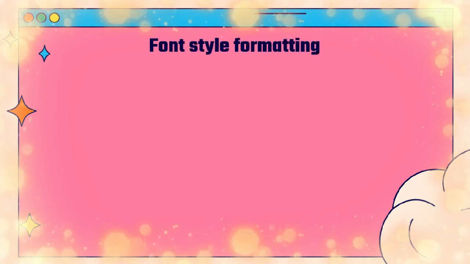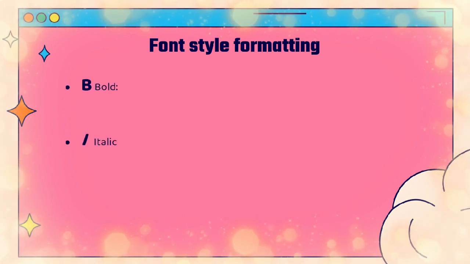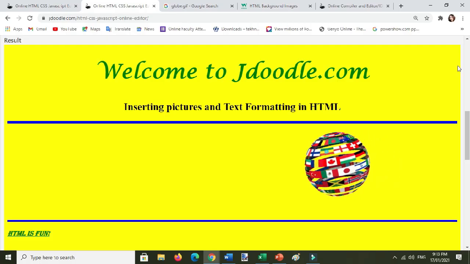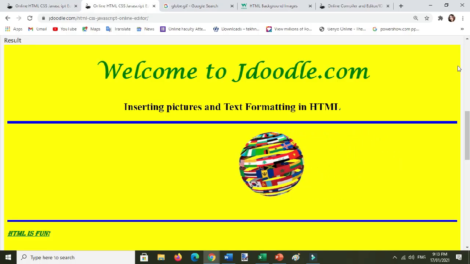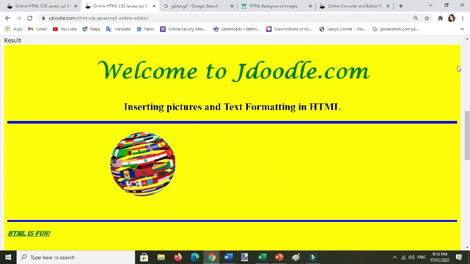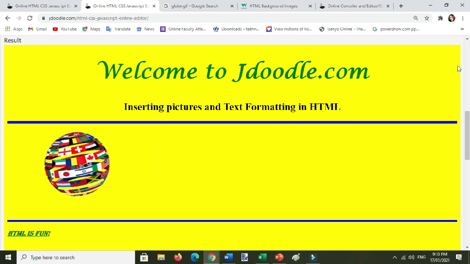When you say font style formatting, you're going to darken the text, italicize, and underline. And now, here is the output of inserting pictures and text formatting in HTML using the JDOODLE online editor.